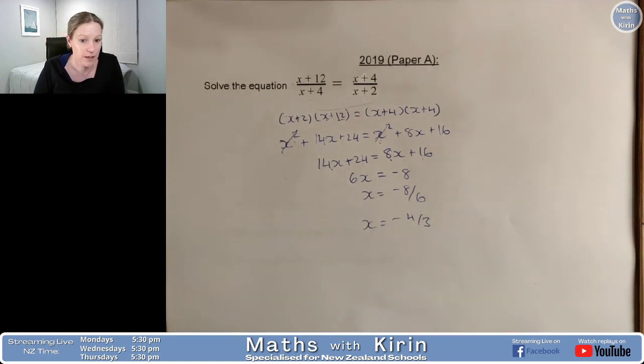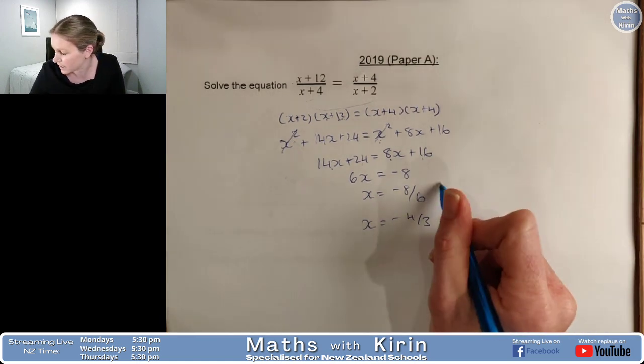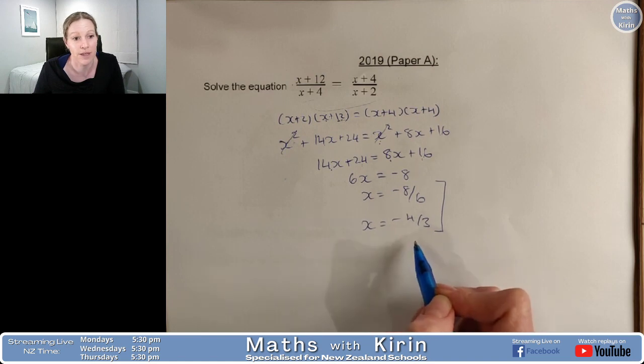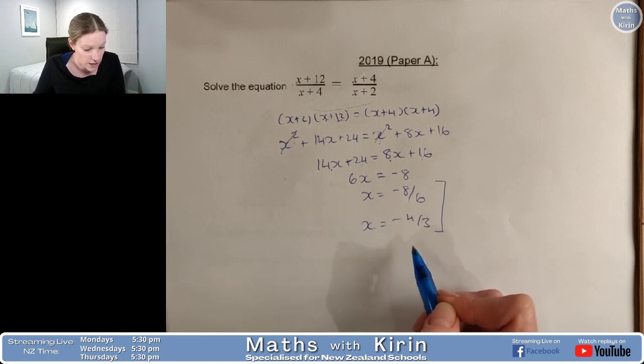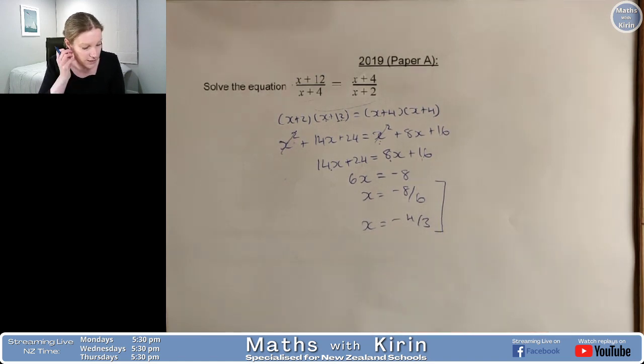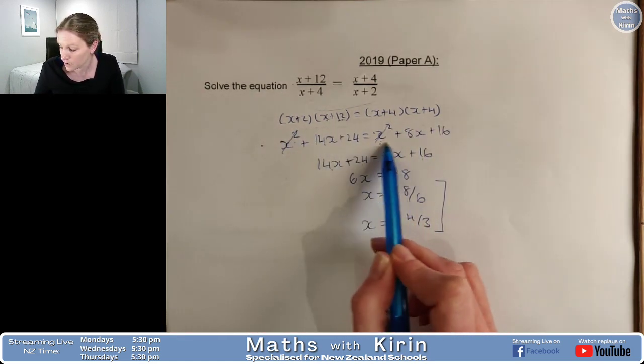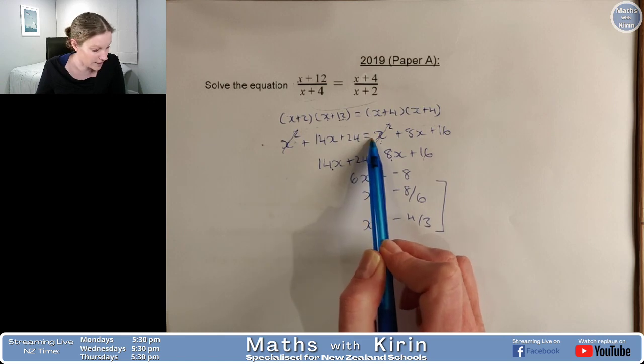Okay, and that's it. So for this question, if you get all the way down either of these, so x equals negative 8 over 6 or x equals negative 4 over 3, that's merit. For achieved, you have the correct expansion and arrangement of both sides, so you get to here, okay, with your x squared, obviously.